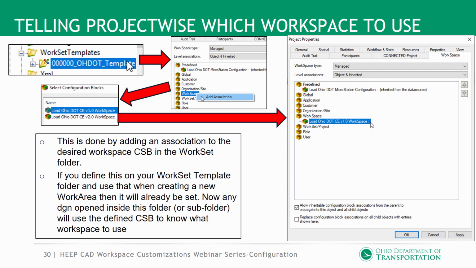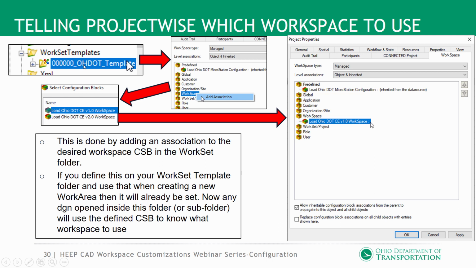So after I have that assignment, now whenever I go to create a new project, I'm going to use this template to create it. And since the template already has this OHDOT workspace defined in it, anytime I open a file inside that, it will already know to use this workspace.